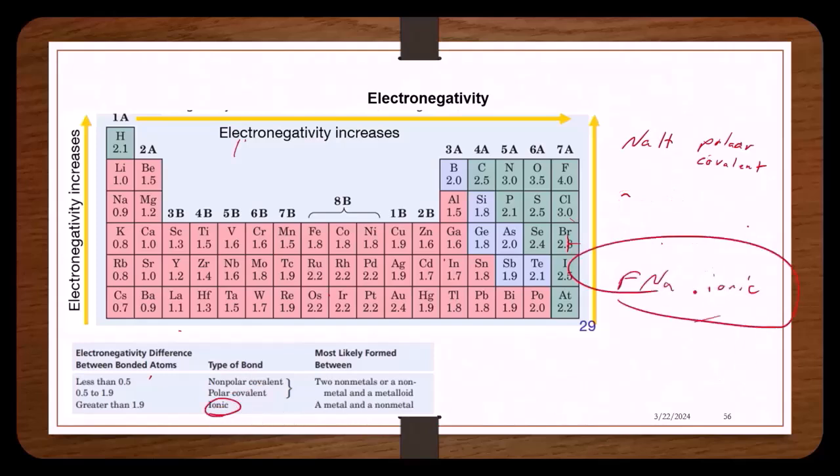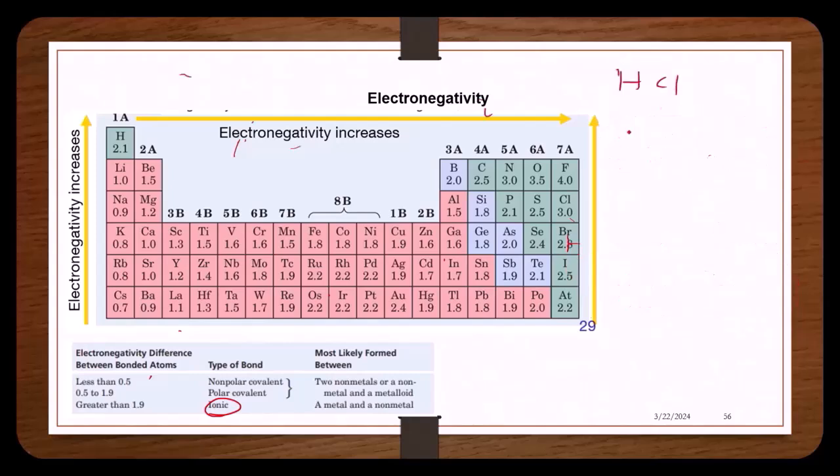This would be more polar than this, HCl and OH. So chlorine is 3.0. We get the difference by subtracting hydrogen's electronegativity, 2.1. So we have 0.9, and looking at the chart, it falls within 0.5 to 1.9, so this is polar covalent.